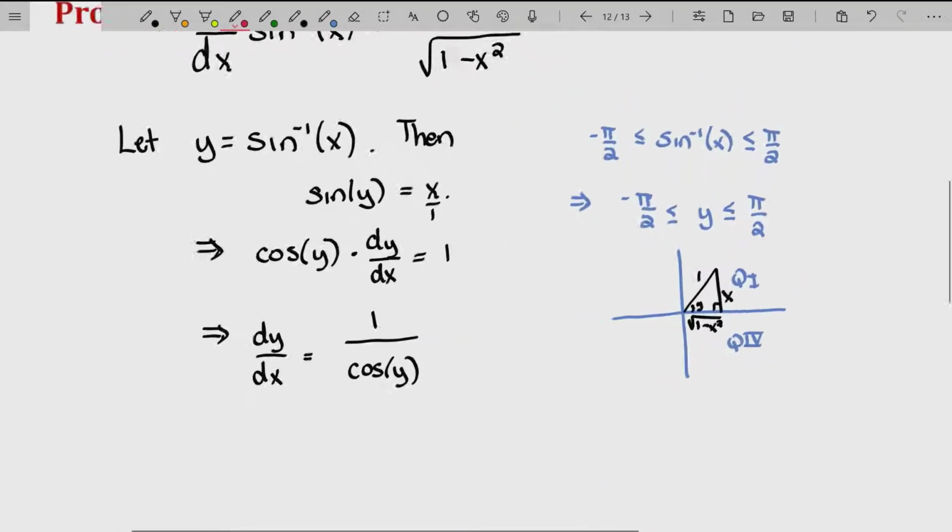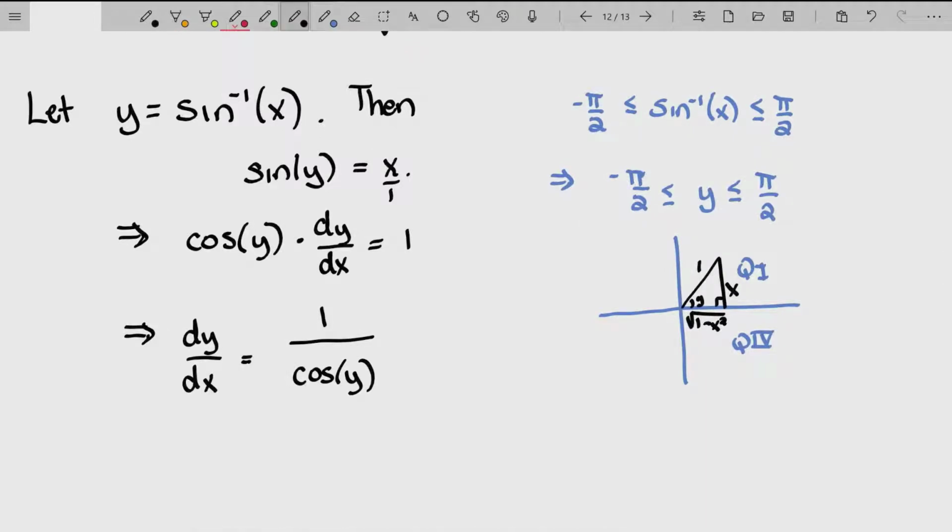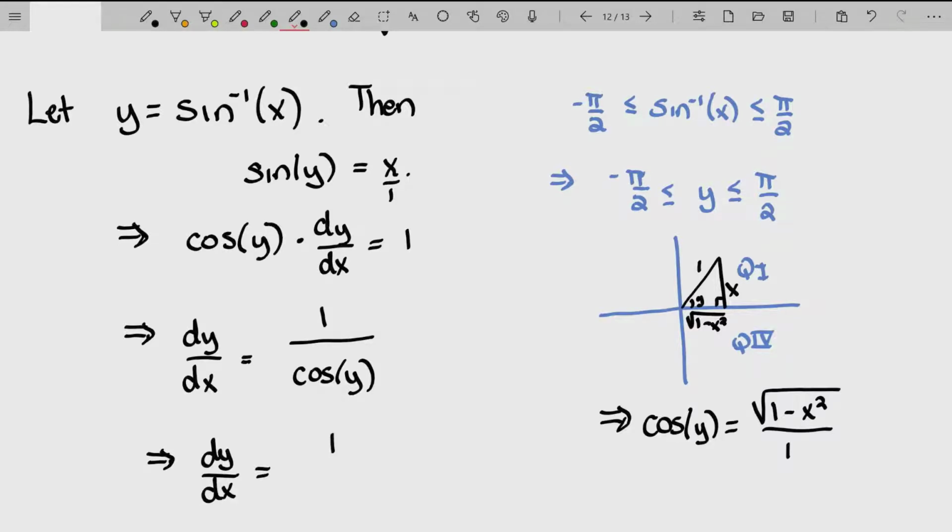And so we know that the cosine of our angle, which is adjacent over hypotenuse, is just the square root of 1 minus x squared over 1. And that will imply that dy/dx is equal to 1 over the square root of 1 minus x squared.